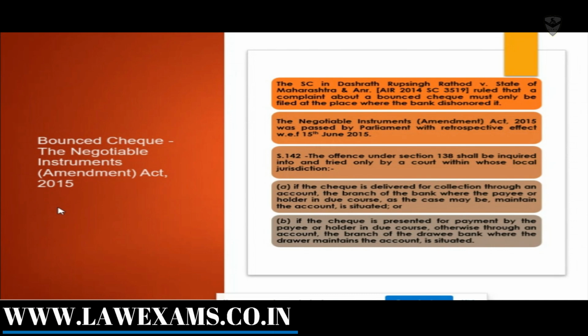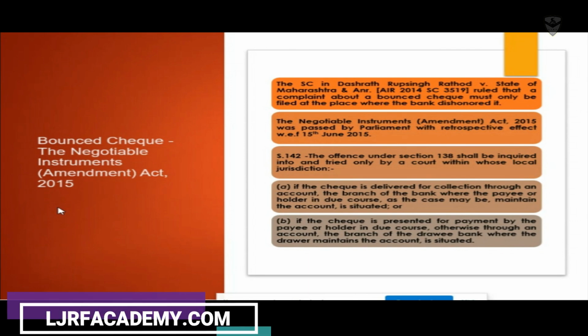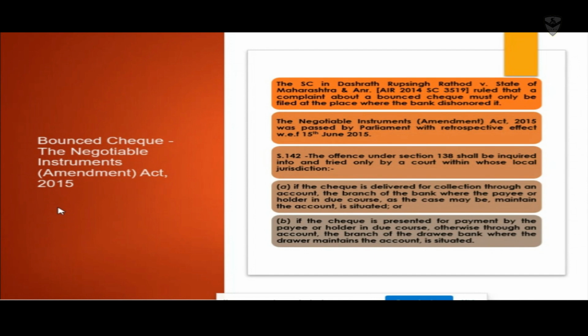In Dashrath Rupsingh Rathore v. State of Maharashtra, the Supreme Court of India ruled that a complaint about a bounced check may be filed at the place of the check's collection in some other bank.